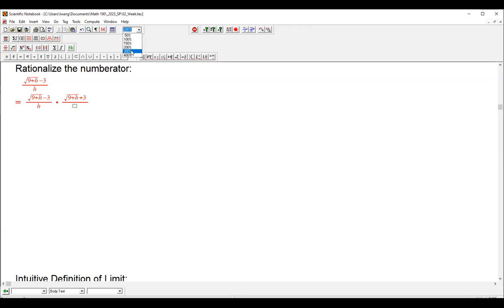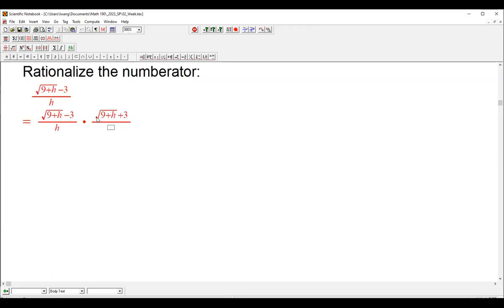We're going to multiply by 1, so this entire thing equals 1. We just replace 1 by another form, and the form we selected will allow us to get rid of the radical in the numerator.